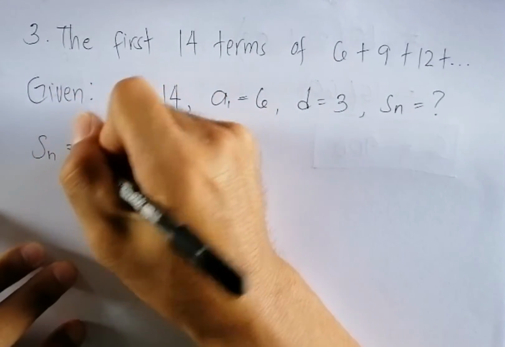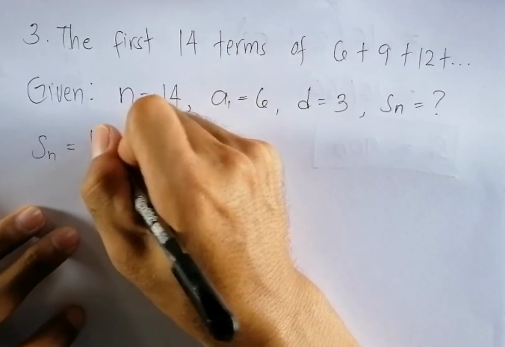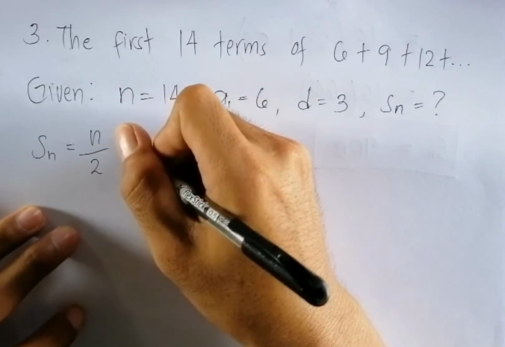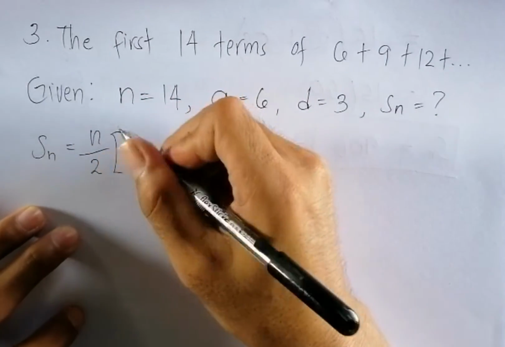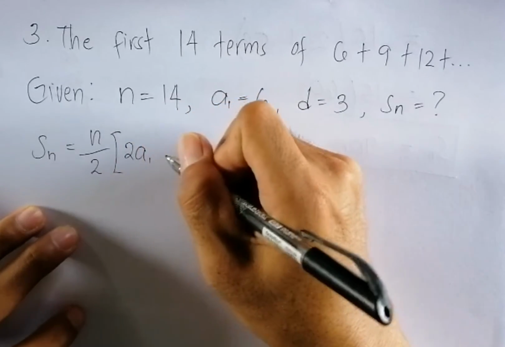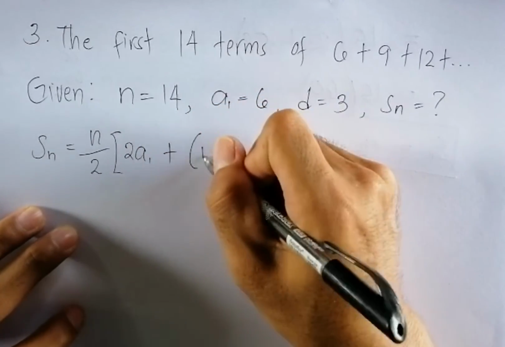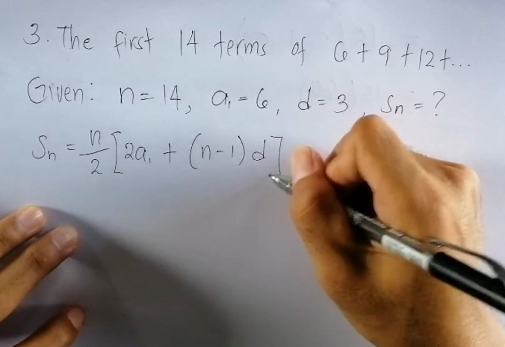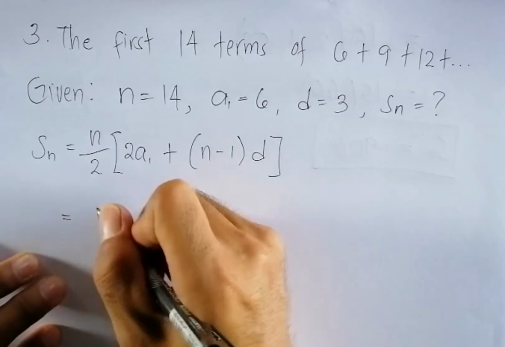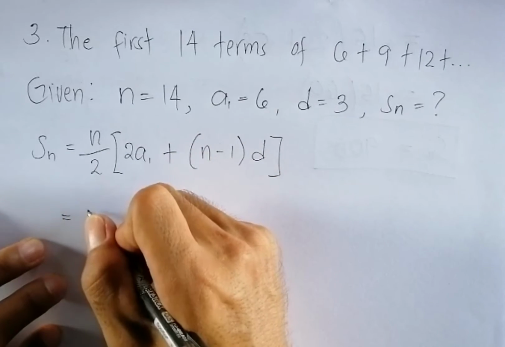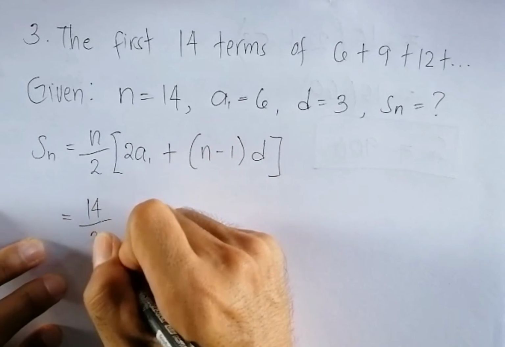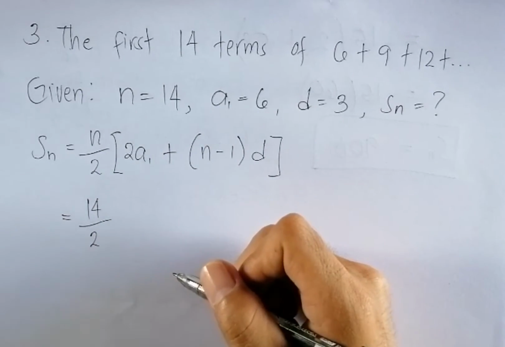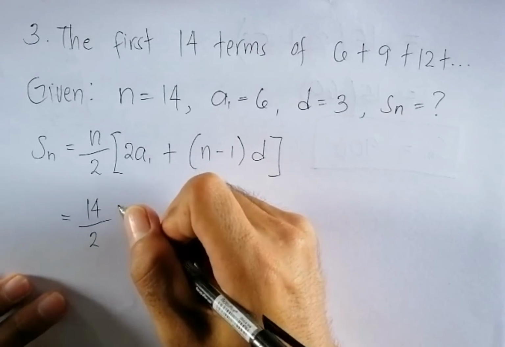Use the formula S sub n is equal to n over 2 times the quantity 2 times the first term plus the quantity of n minus 1 times the common difference, close bracket. To simplify, substitute the value of n, which is 14 over 2, and the value of our first term and common difference.